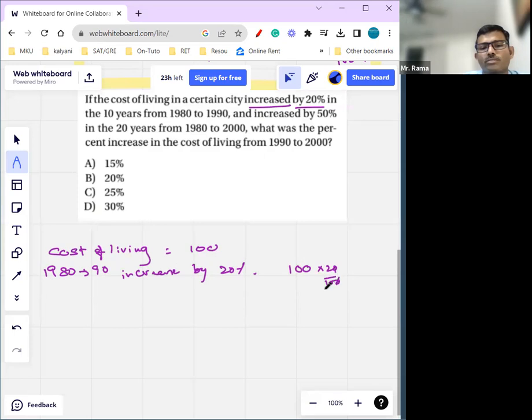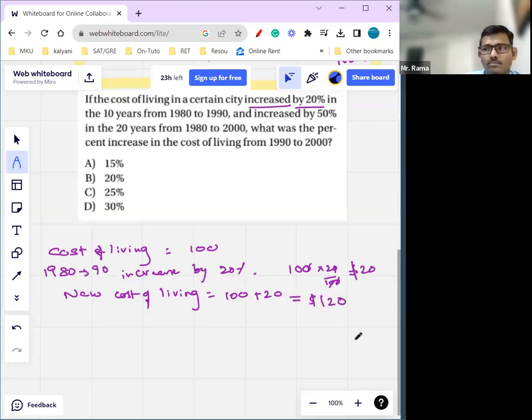I'm just showing you stuff, okay? So that's $20. If my cost of living is $100, the new cost of living is 100 plus $20, because that's the increase. So the new cost is $120 now.